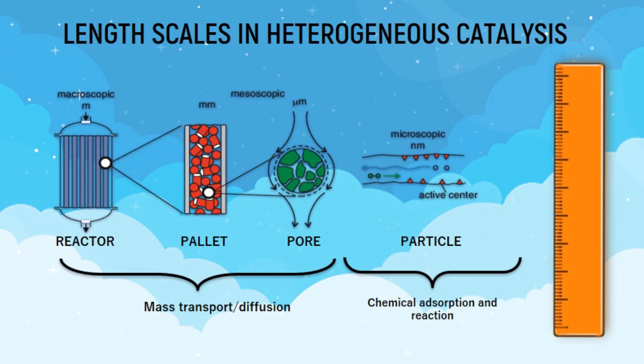Next, if we zoom in more, we can see the place where chemical adsorption and reaction occur. The triangle one is the active site, the green one is the reactant, and the blue ones, these two, are the product.